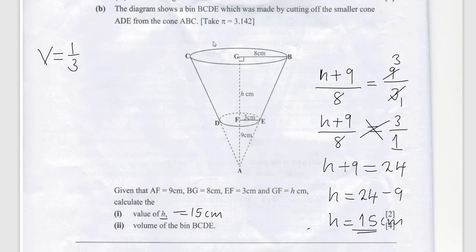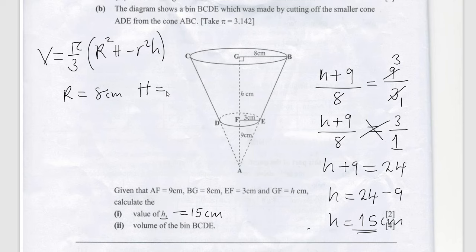Remember, we are dealing with a conical frustum, so pi over 3, open bracket, capital R squared, capital H, minus small r squared, small h. First, let's gather our data so that it becomes easier. When you see that the frustum is from a cone, you use this formula to find volume. So what is our capital R? It will be 8 centimeters, which is right here, the radius.